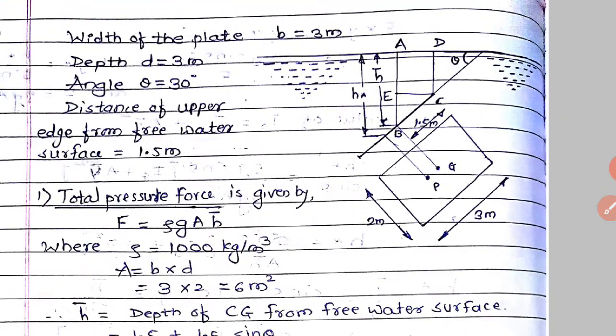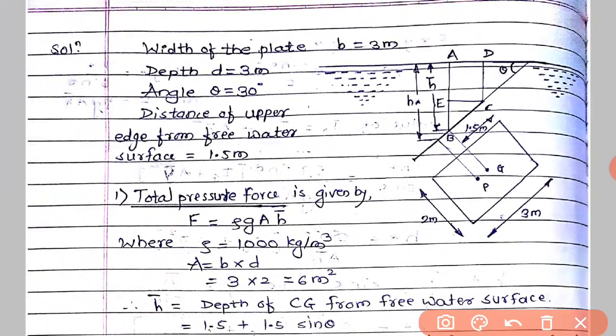See here, this is our rectangle, 2 meter and this is 3 meter width. And see here, G is the center of gravity, P is the center of pressure. This is angle theta which is 30 degree, and width is 3 meter.